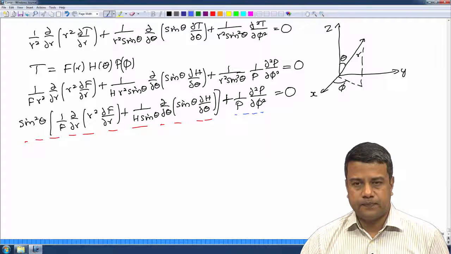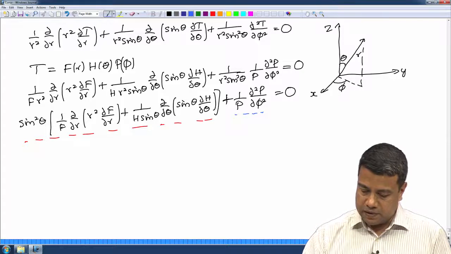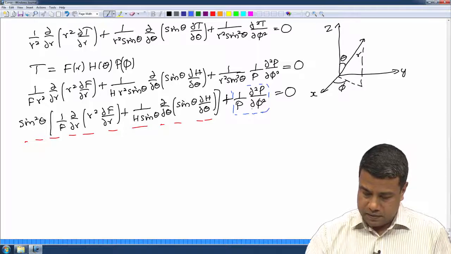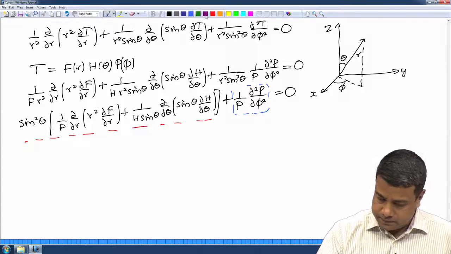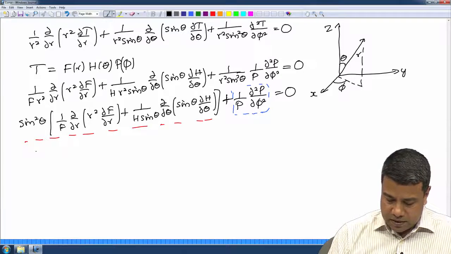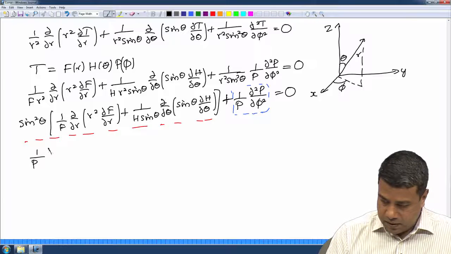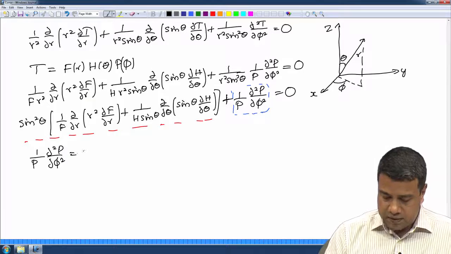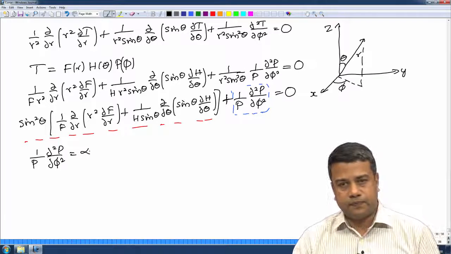So, take the phi dependence first. This equation is of the form 1 over p times partial square p by partial phi square is equal to some constant alpha.